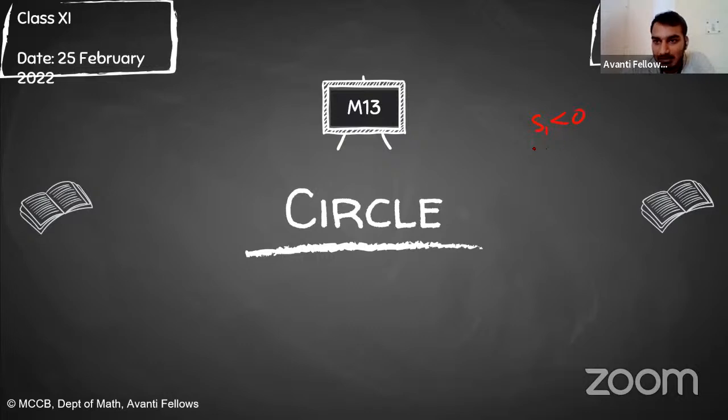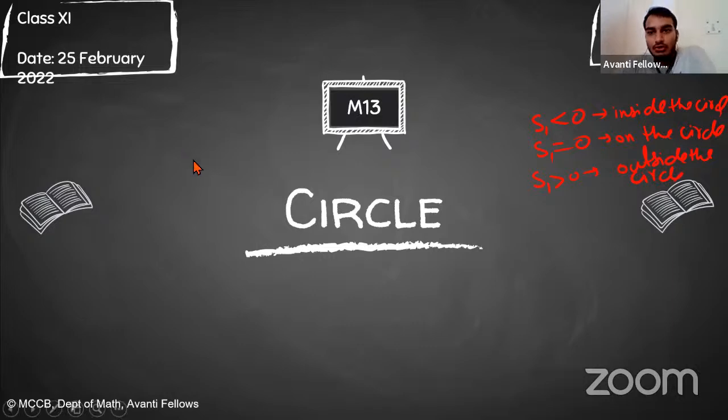When the point is on the circle, then S1 is equal to 0. If S1 is greater than 0, then the point is outside the circle. These things we talked about in the last class, right?